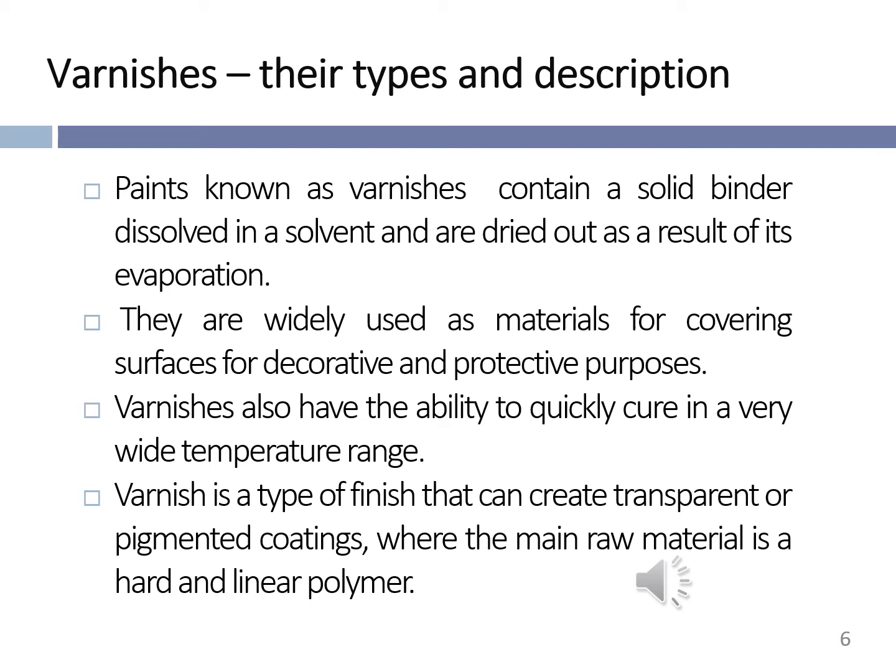So, the paints and varnishes are used as materials which cover the surfaces and the objects. They are also used for decorative and protective purposes. They are used to cover the surfaces of decorated objects, and they protect a wide number of surfaces and objects.